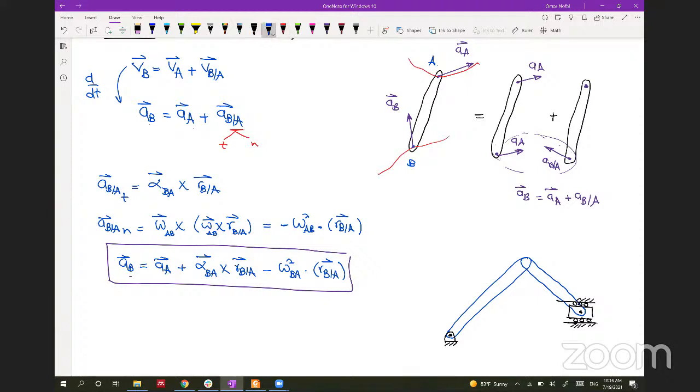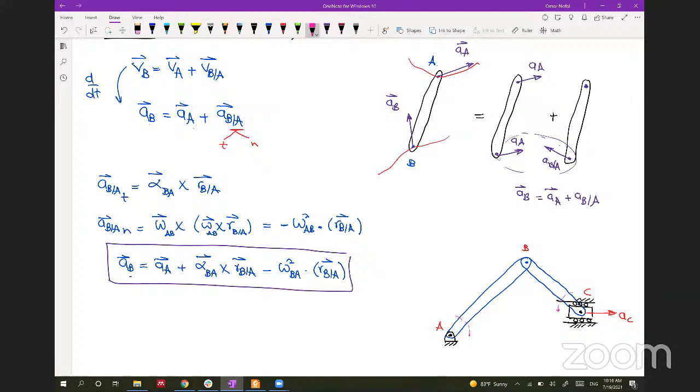So what if we know the A_C here, at this point? Let's assume that this is A, B, and C, and you know the direction of the acceleration at C, and you also know the magnitude. That means that this body is moving this way, and this body is moving this way.